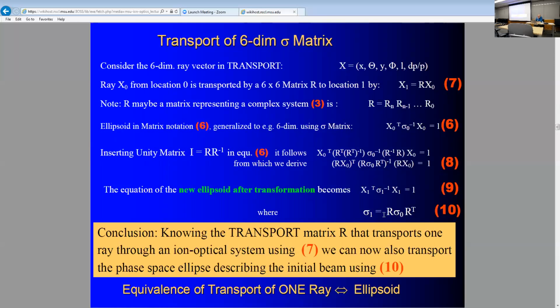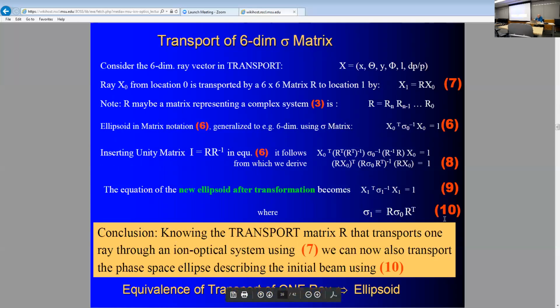So, conclusion: knowing the transport matrix R that transports one ray through the ion optical systems using equation 7, you can now also transport the phase space ellipse or ellipsoid in more dimensions than 2, describing the initial beam in this way.